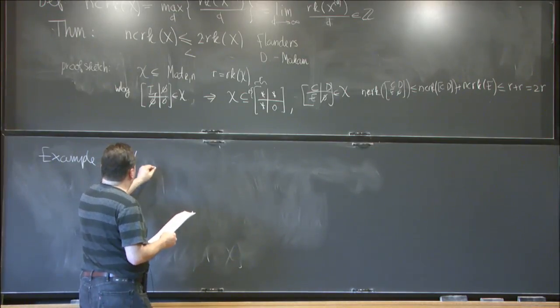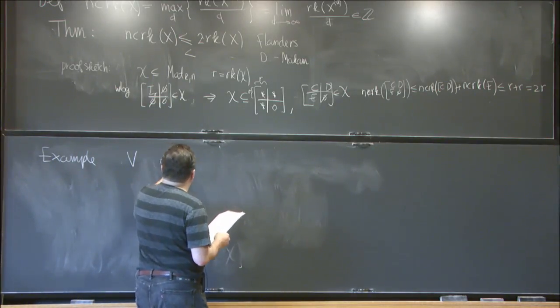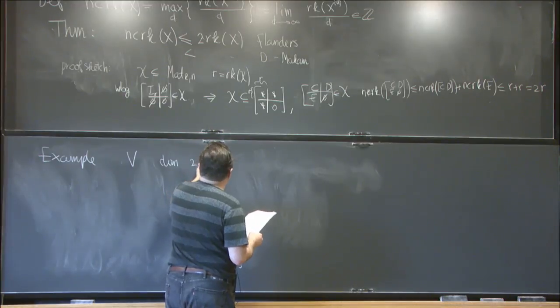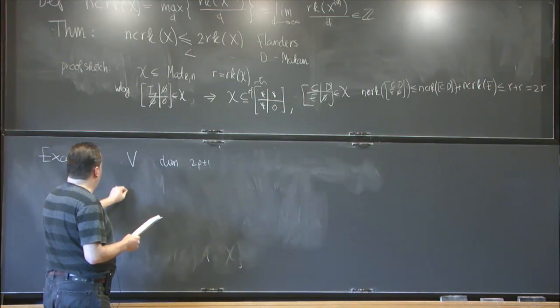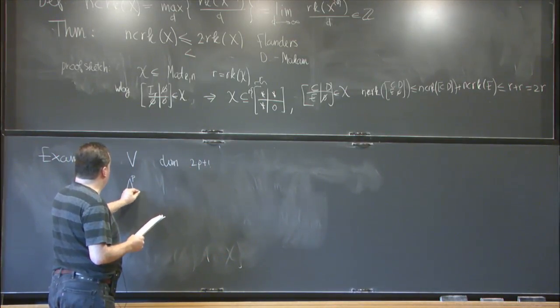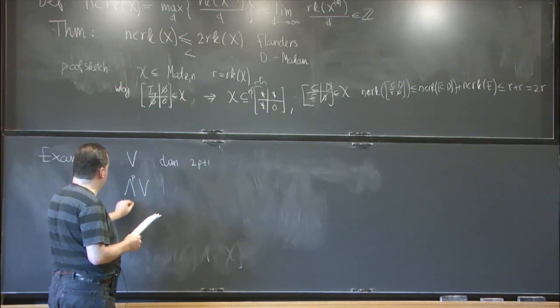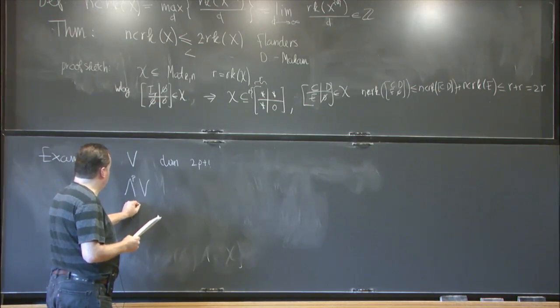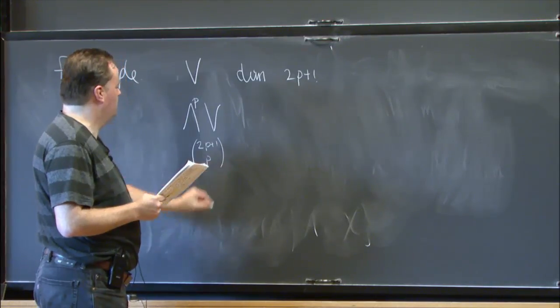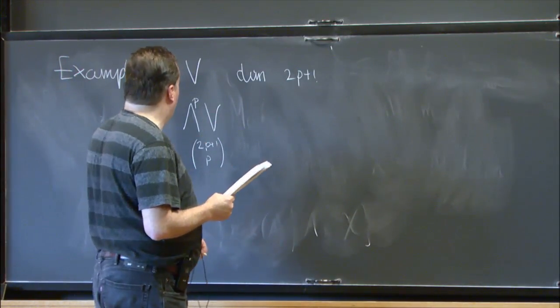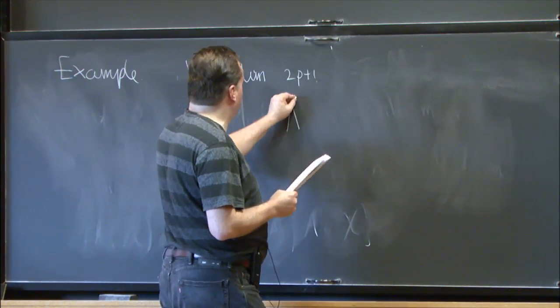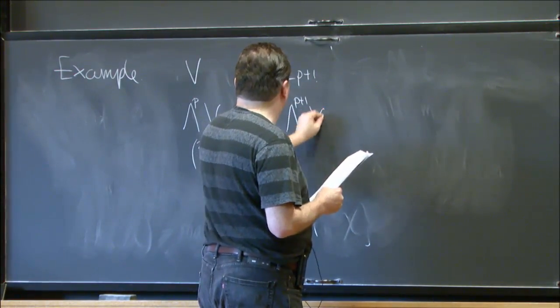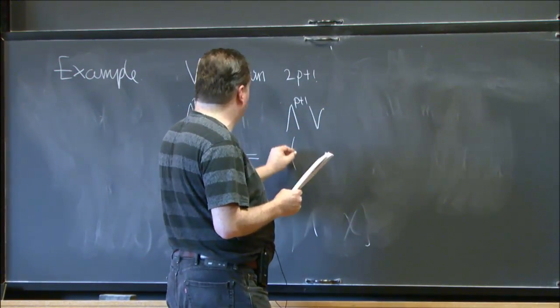If you have a vector space, say, of dimension 2p plus 1, then you can look at the exterior power. So this is a vector space of dimension 2p plus 1 choose p, and this has also the same dimension.